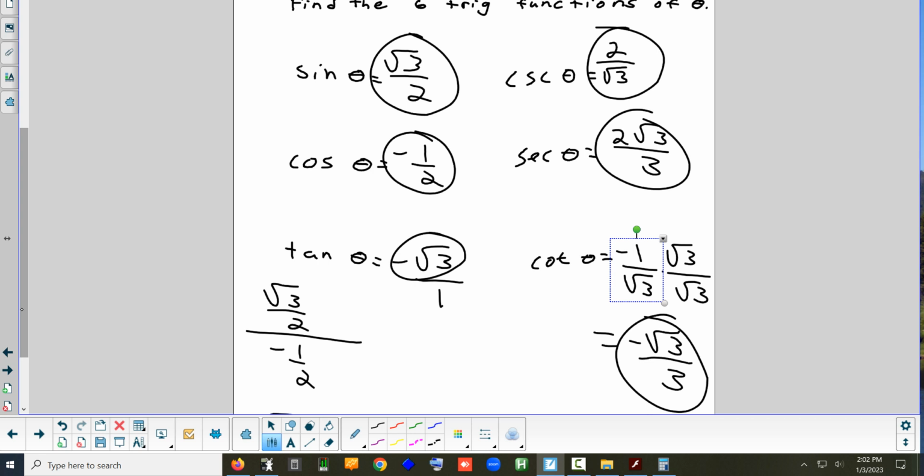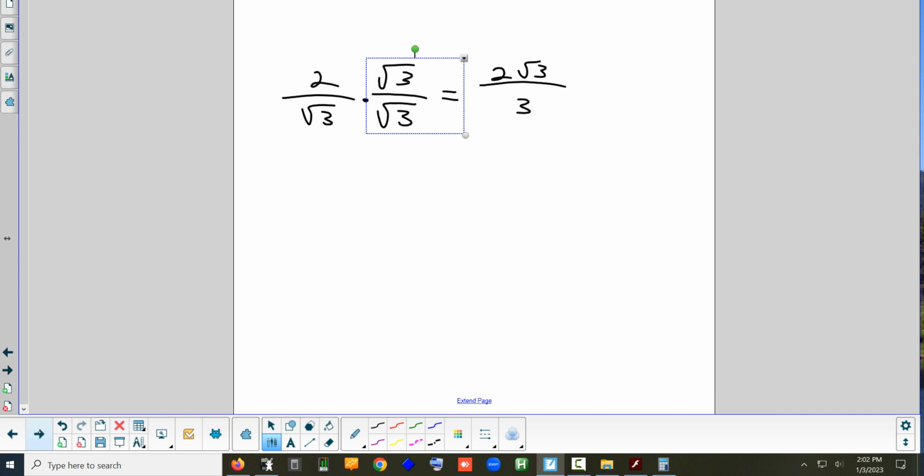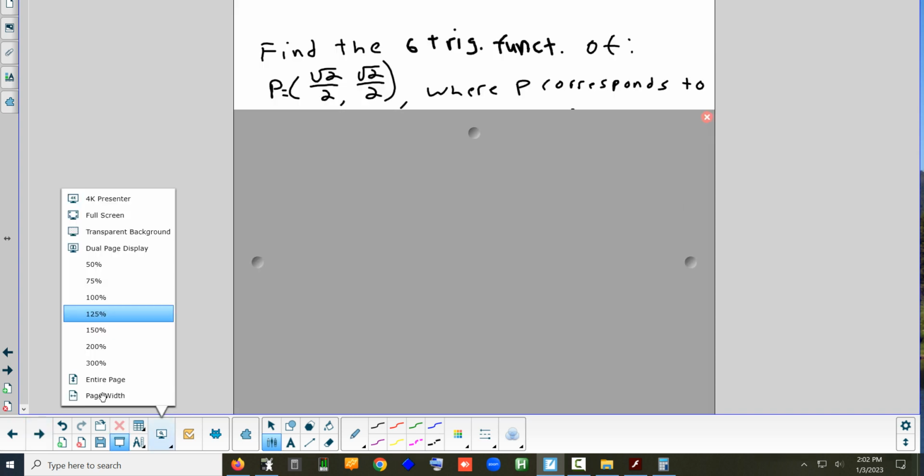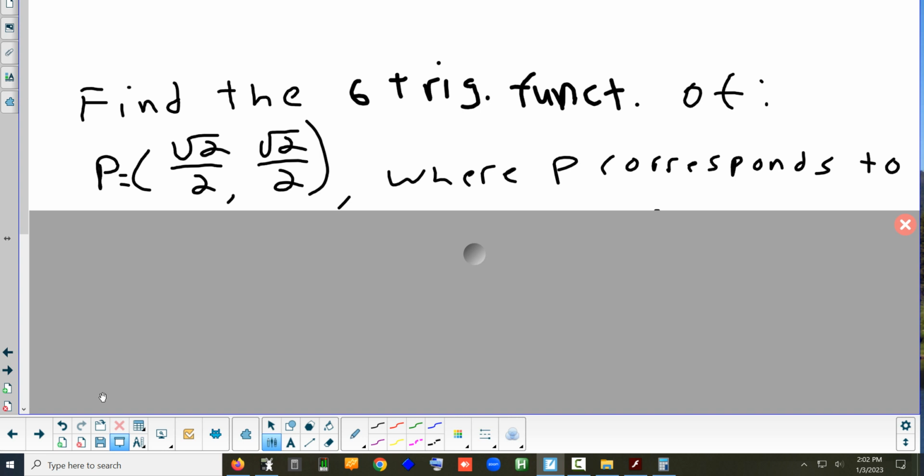Now, I'm going to give you another coordinate. First of all, does that coordinate look like the coordinate for the 0, 90, 180, or 270? Does it look like any of them? No, it's not. But look at the x value and look at the y value. How do the x and the y compare to each other in that coordinate?